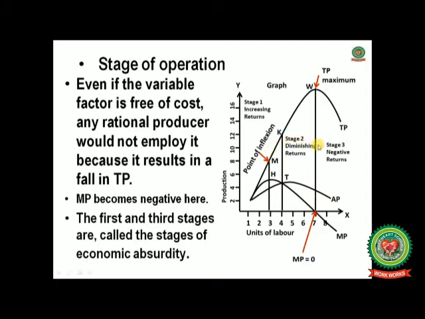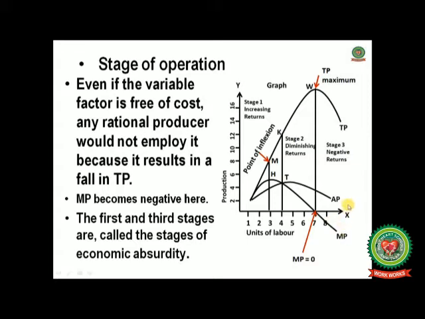Now even if the variable factor were free of cost, any rational producer would not employ it in this stage, because it results in a fall in TP. Total production continuously falls, and the marginal product is negative here.